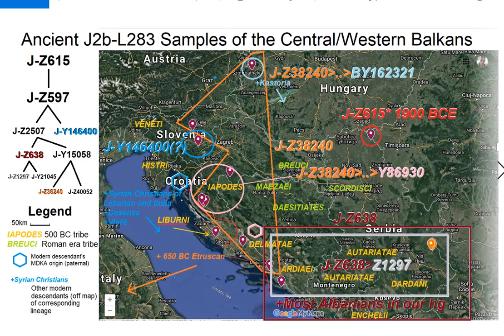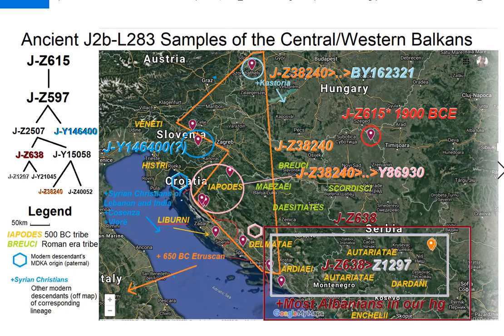So thanks to him doing that, I took a screenshot of just the Western Balkans because recently we had a lot of samples dropped from some scientific studies, samples in Slovenia, Croatia, and Hungary. And I put some notes on here and I grouped them by color according to which branch of the tree the different samples were classified as, and found some interesting things.